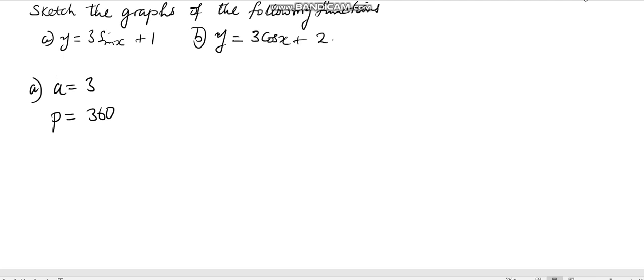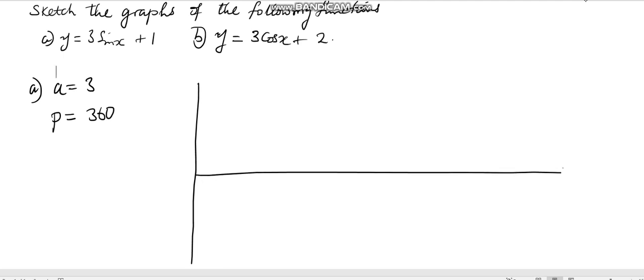So now we need to say that the graph of a sine function looks like this. So we have 90 degrees there, or 180 degrees, we have 270 degrees there, and we have 360 degrees like this.